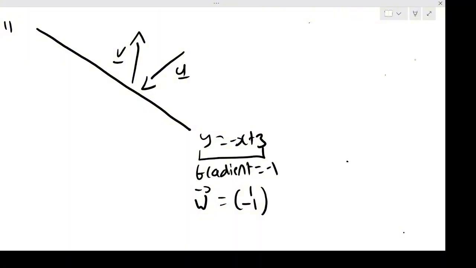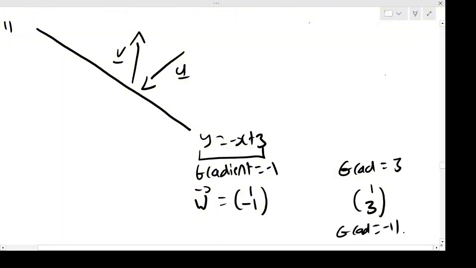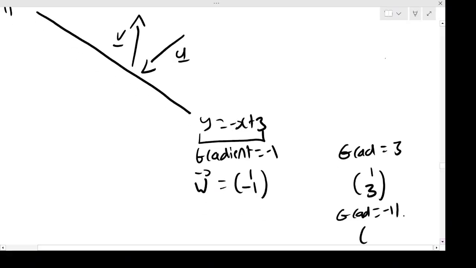Let's say the gradient was 3, so that means when x, let's say, is 1, so if x increases by 1, y triples. So that would be my direction vector there. If the gradient was, let's say, -11, then that is saying when x increases by 1, y goes by -11. So again, that represents the direction, okay, how x and y change.